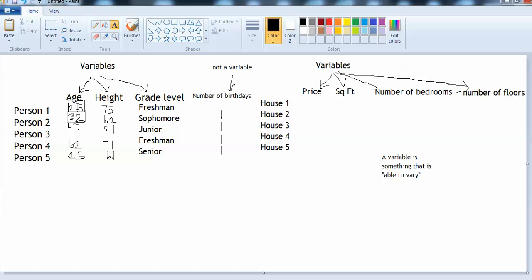So how do we know the difference between a data value and a variable? Well, one way to remember the difference is that the name of the variable is never an answer that a specific person would give you in a survey. So if you asked a person, how old are you? A person would never say, I'm age years old.